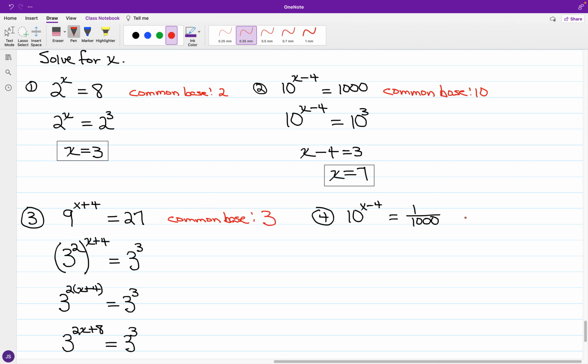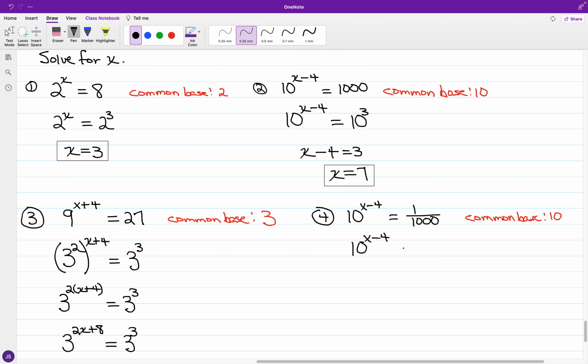Again, you've got the reciprocal of 1,000, so we can still say that the common base is 10. So I have 10 to the x minus 4.